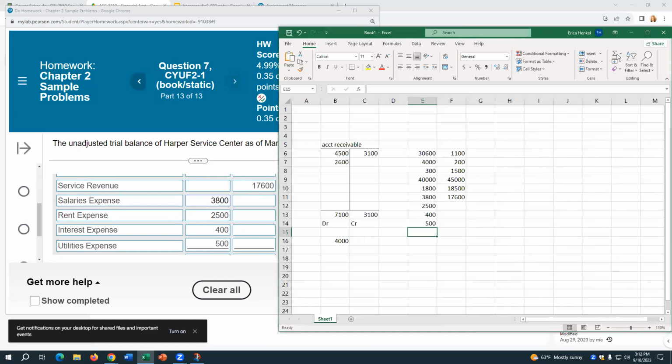All right, so now we just total each column. These are all the ones that I had on the left-hand side, and these are all the ones on the right-hand side. And if I did this right, then they should be equal, which they are. So 83,900.